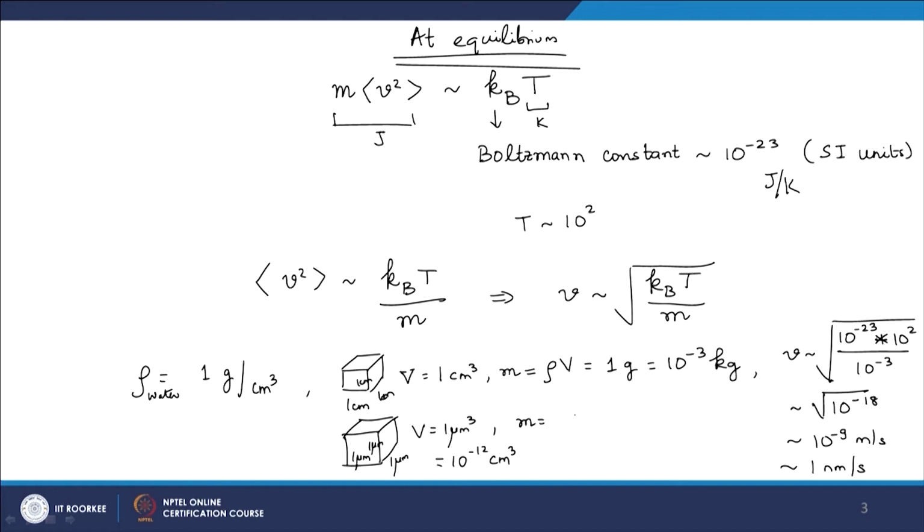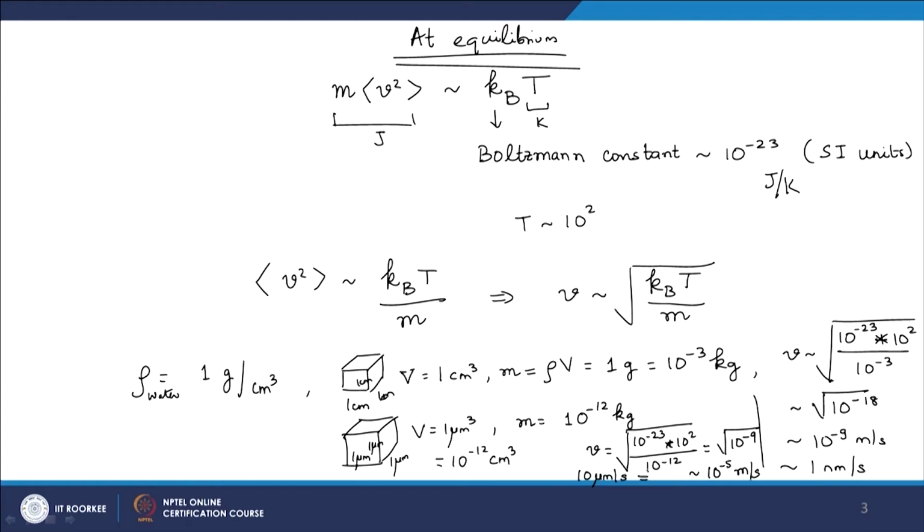So now the mass will be 10 to the power minus 12 kg, and if I now look at the velocity, it is going to be 10 to the power minus 23 into 100 divided by 10 to the power minus 12, and this would be something like 10 to the power minus 9, which is of the order of 10 to the power minus 5 meter per second, which would roughly be like 10 micron per second.